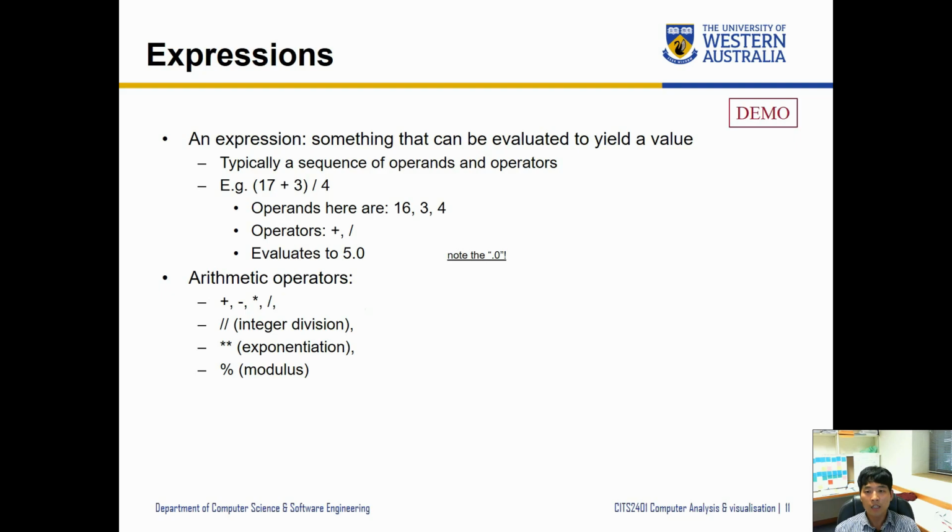Okay. So to make this more powerful, this is where things slowly build together. So the next item is expressions, and an expression is something that can be evaluated to yield a value, so basically saving it and reusing it for something else, right?